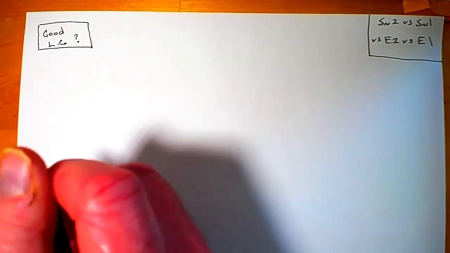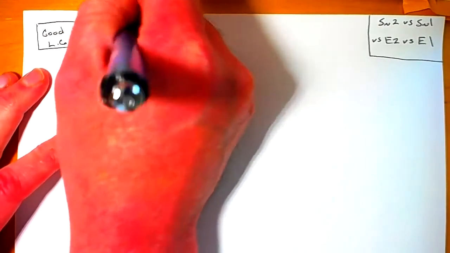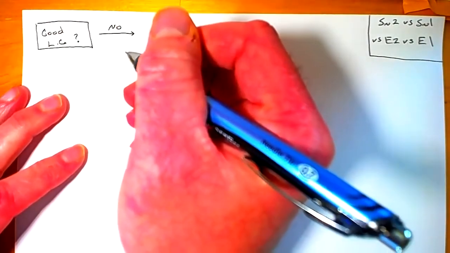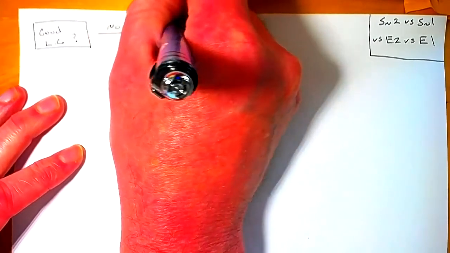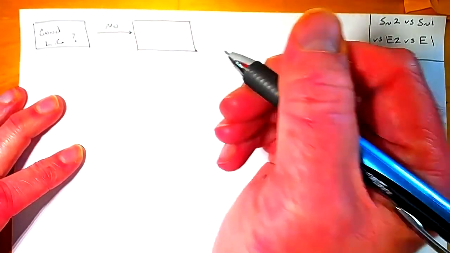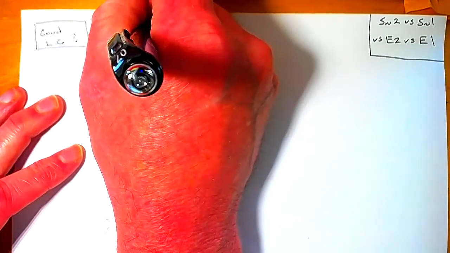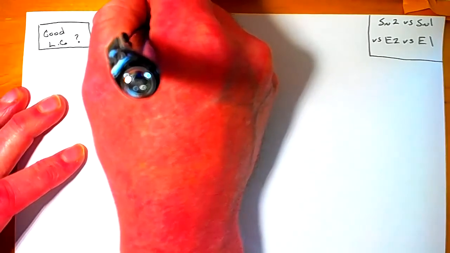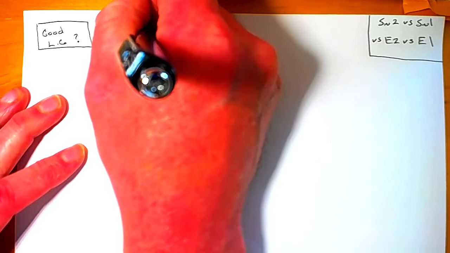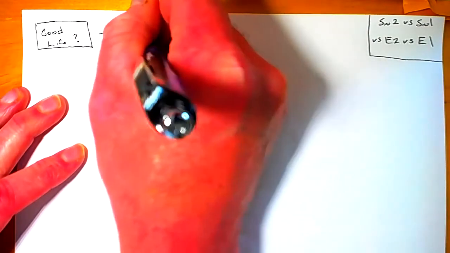Now if you don't have a good leaving group, that doesn't mean you're dead in the water, because the next question I'm going to ask is, can you make a good leaving group? In other words, is this something that you could maybe protonate, an acid like an alcohol?